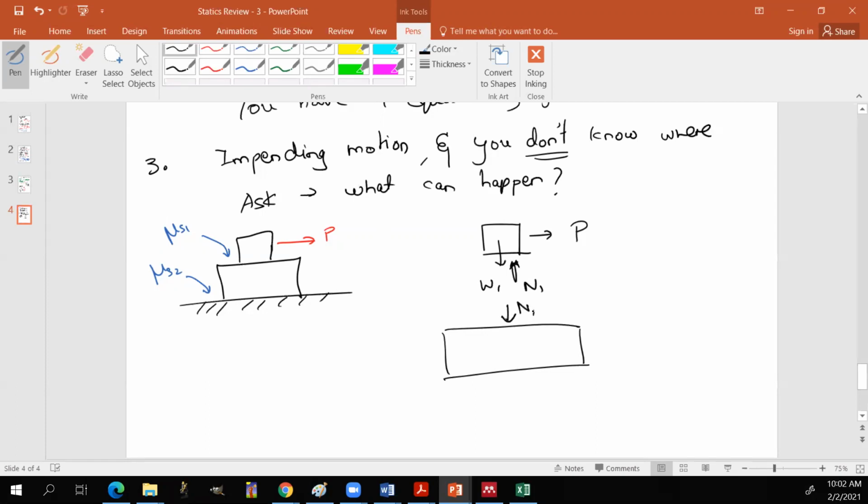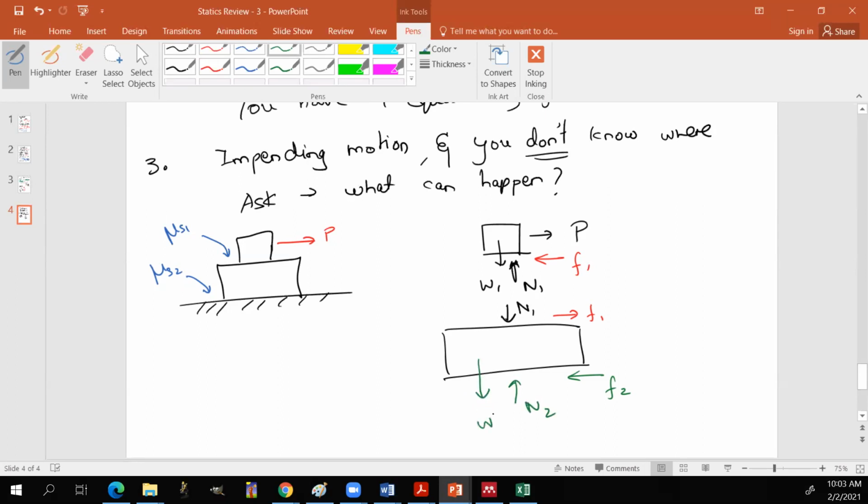And I forgot to mention the friction force up there, so F1 like that. Friction, same as normal force, is equal and opposite, so you'll have an F1 over there. Then you'll have an F2 down here, which is opposing the overall motion. You have that normal force, and then you have its own weight to contend with.